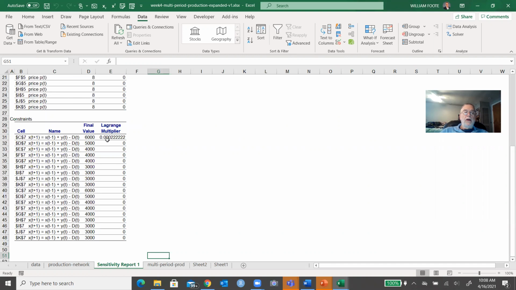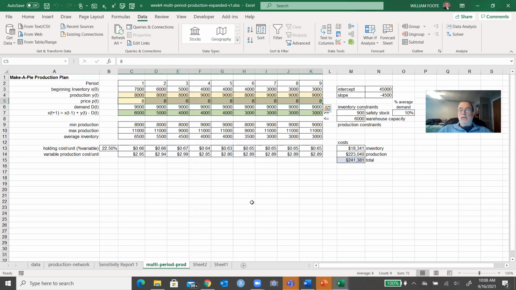Only one of the many constraints has a very small Lagrange multiplier. So this is solving straight for the throat. Still 346.8 is what it's solving to. It's a very straightforward optimization. It works.